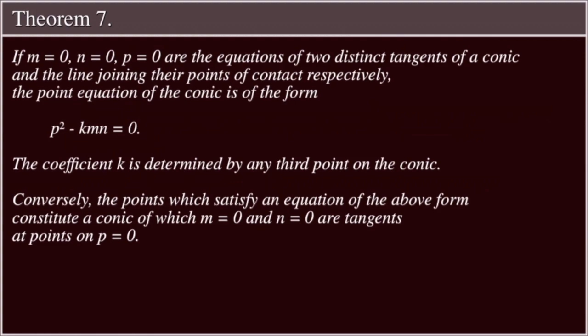The coefficient k is determined by any third point on the conic. Conversely, the points which satisfy an equation of the above form constitute a conic of which m = 0 and n = 0 are tangent at points on p = 0.